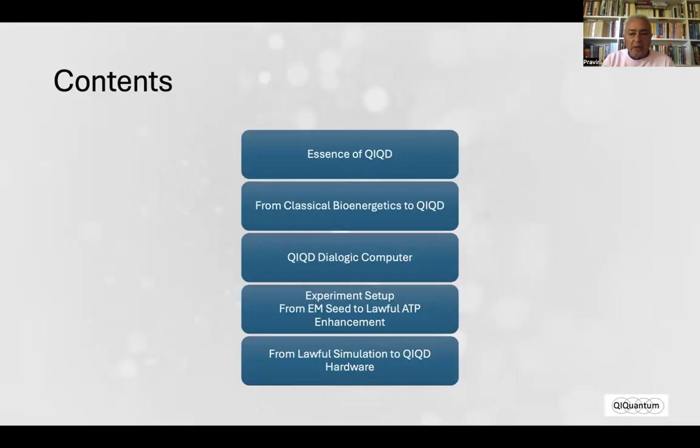So I'm going to begin with the essence of QIQD. I'll then contrast classical bioenergetics with QIQD-based bioenergetics briefly. I'll transition to the idea of the QIQD Dialogic Computer, which is an existing computer using LLMs to embody QIQD logic and math.